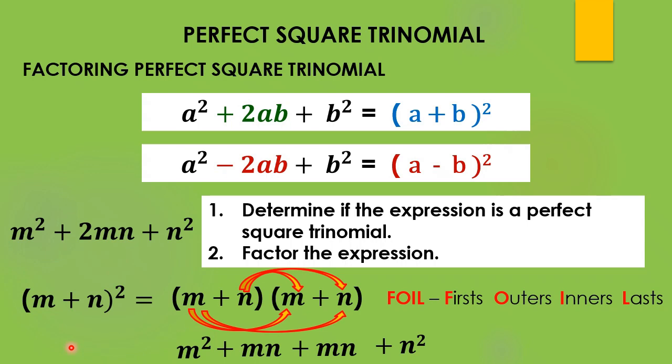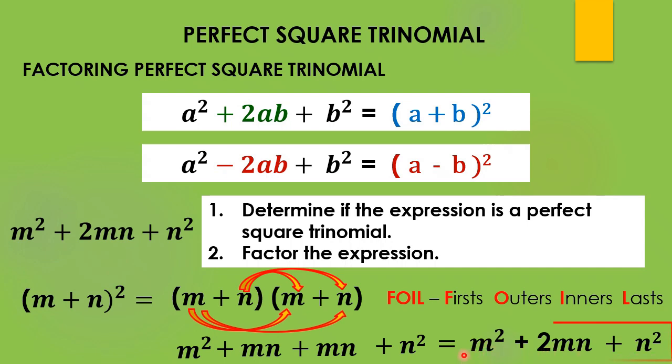And then, are we done? No, we are not done yet, because as you can see, we can combine the terms in the middle, which are mn plus mn. If we combine these two terms, our expression will be m squared plus 2mn plus n squared.